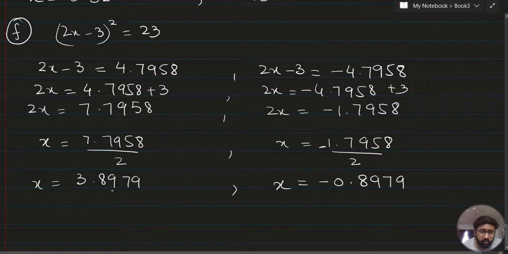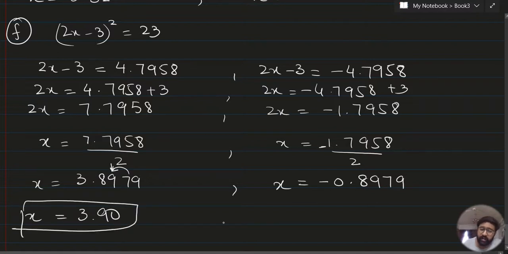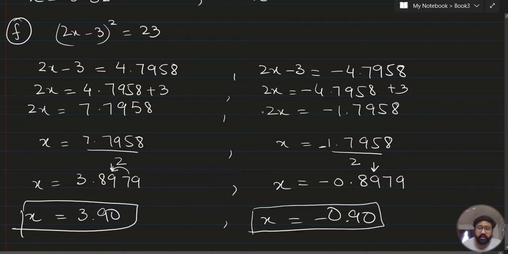So rounding it off to two decimal places, this is the second decimal place, it is going to round off this one, and it is going to round out the further one. So it is going to be 3.90, the value of x, and the other value of x is going to be minus 0.90. So these are going to be the two values of x from here.